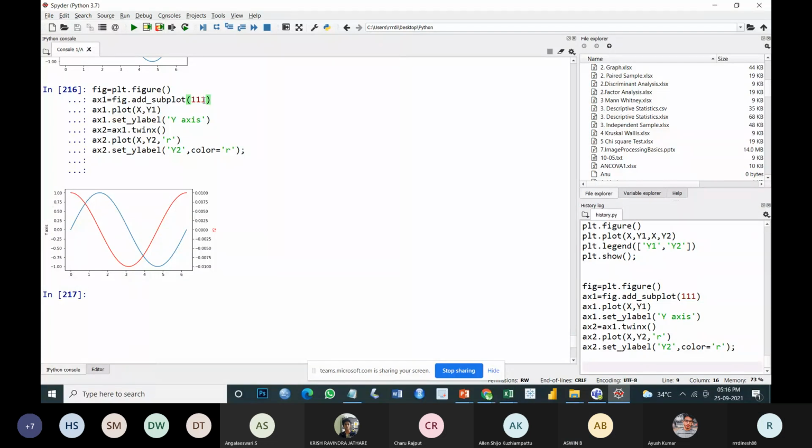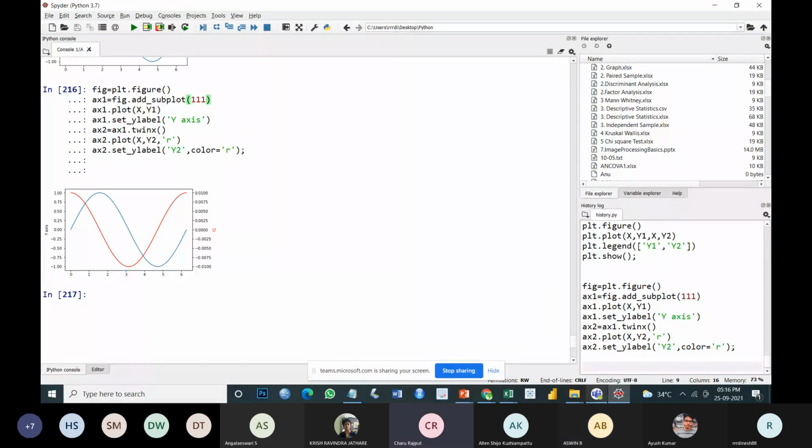The triple one is for axes 1, 2, and 3. We are defining 3 axes, that is why it is defined as 3, 1. Yes, sir. Thank you, sir.